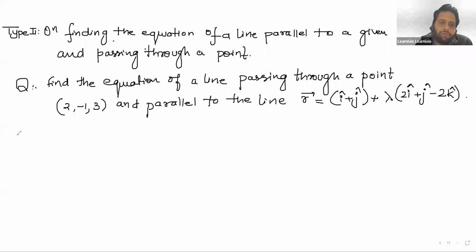So you need to find the equation of a line which is passing through this point. If we check our formulas, then type 1 was r is equal to a plus lambda b. Josefa, what is a and b here?